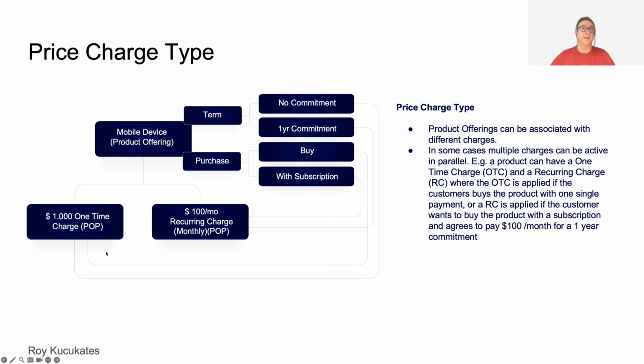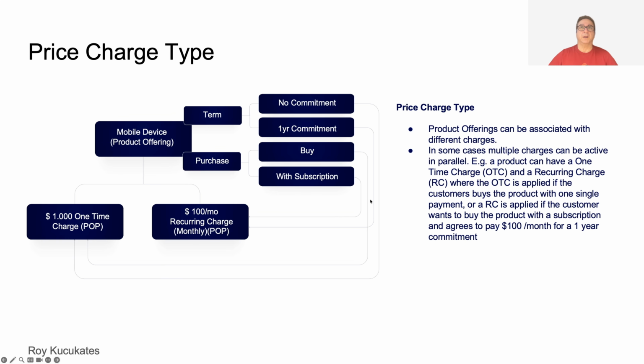For example, if the customer wants to buy it with no commitment, and in the buy option the price is $1,000, it's a one-time charge. You buy that amount, you get the device, you don't pay anymore. Or you can select with subscription but with 1 year commitment.